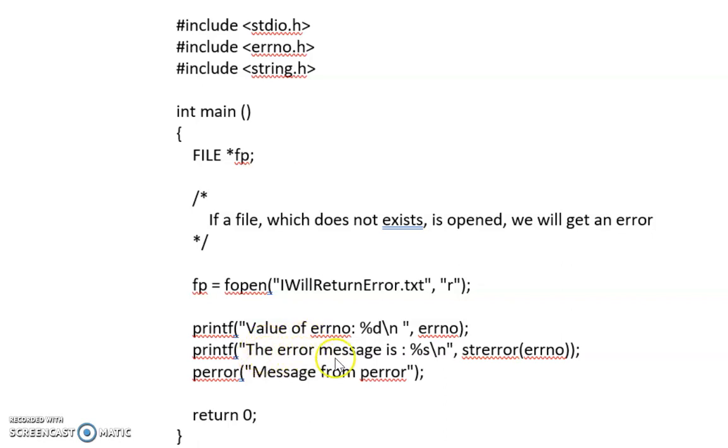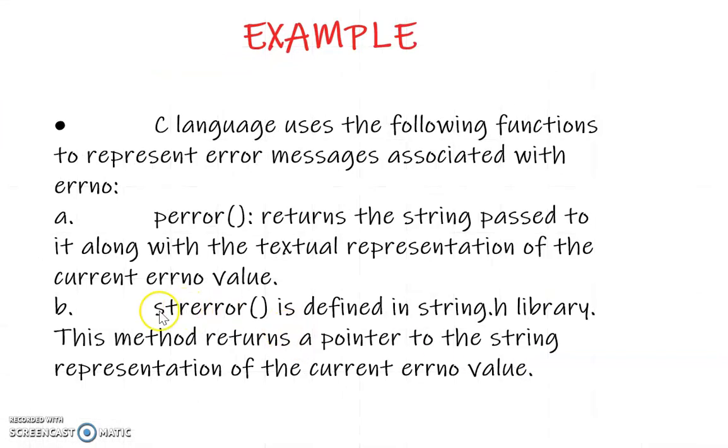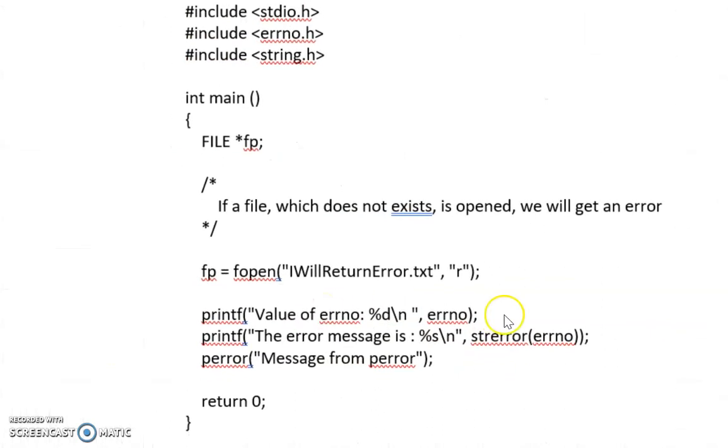We are just printing the messages to understand the error handling concept. Then we are printing the error message, and this error message is nothing but the string, so %s, and this will come from strerror. Strerror is a function which takes one parameter, the errno value, whatever number it generates. This line will give the error, and that error will have one value.